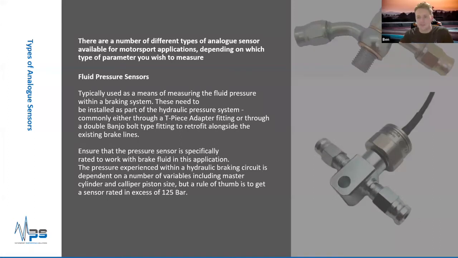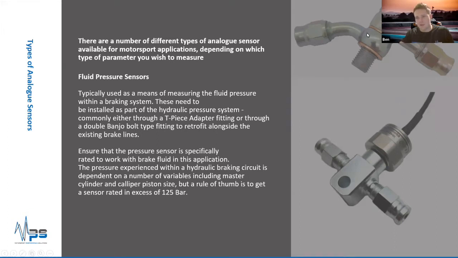So the two real options are to break your brake lines and build in what's called a T-piece. Your fluid will carry through there as if the line was always there, and then it feeds pressure up to your pressure sensor here.